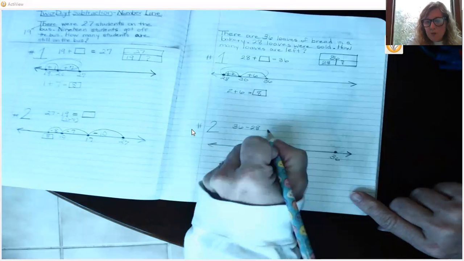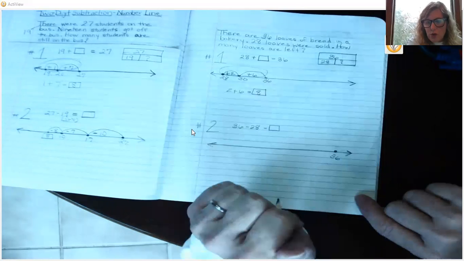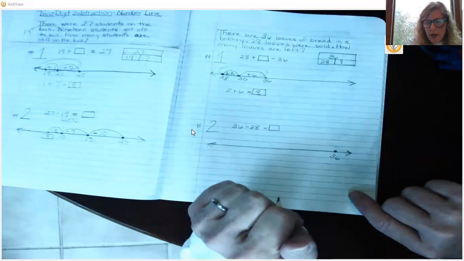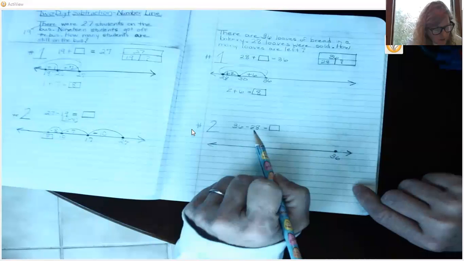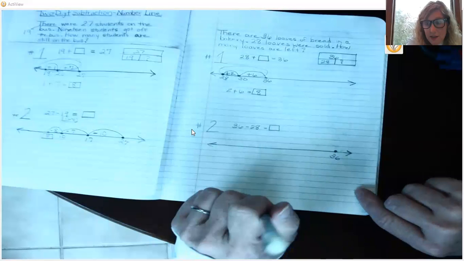Now, I am going to show you a different way, but it's still the same concept. What if you went back to 28? It's going to take a lot less time.